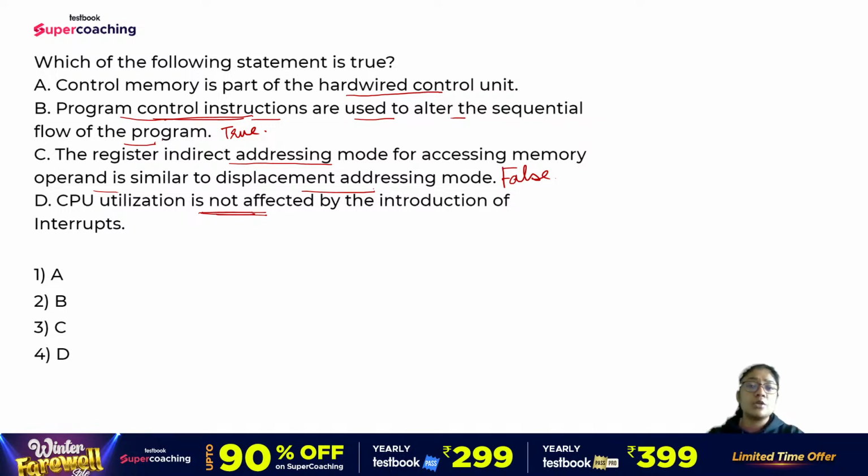During interrupt handling, the CPU is not performing any task, so CPU utilization definitely decreases. But here it is saying that it is not affected, so this statement is also false. So the correct answer for this question is statement B, option 2.